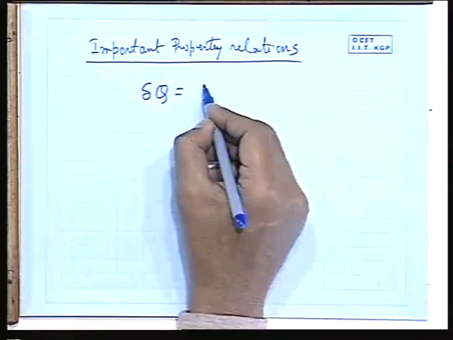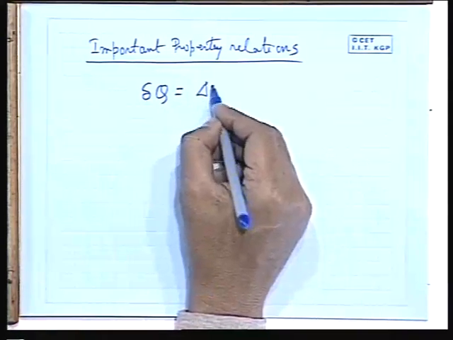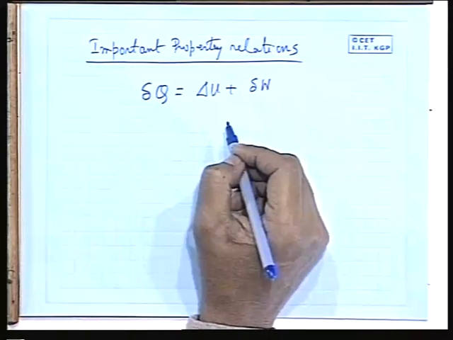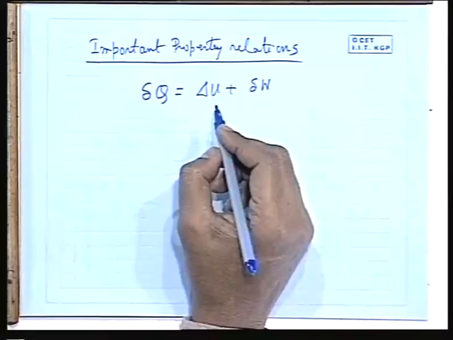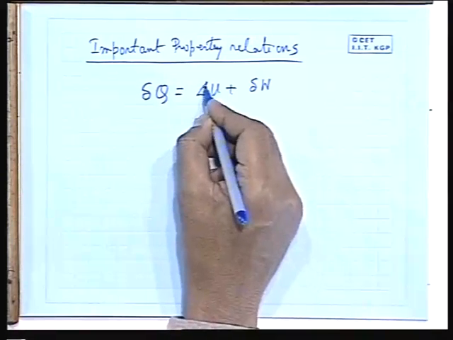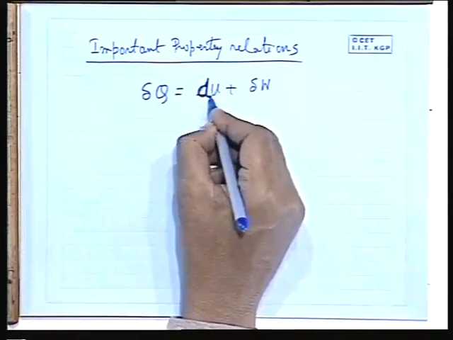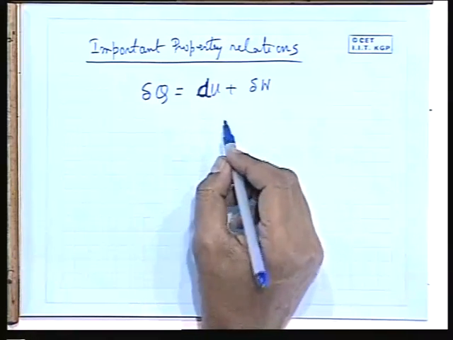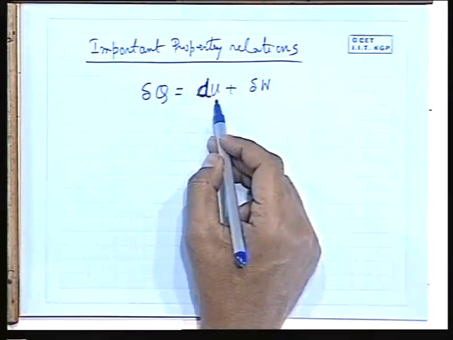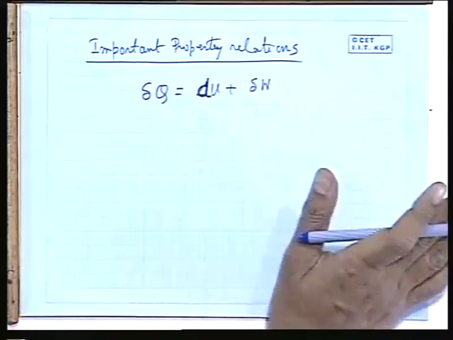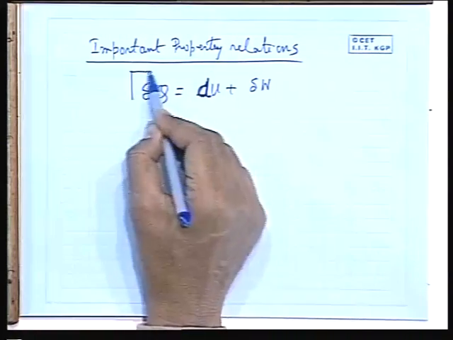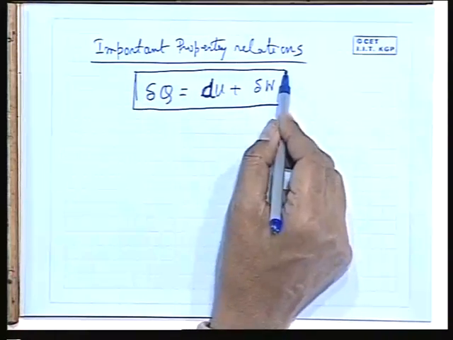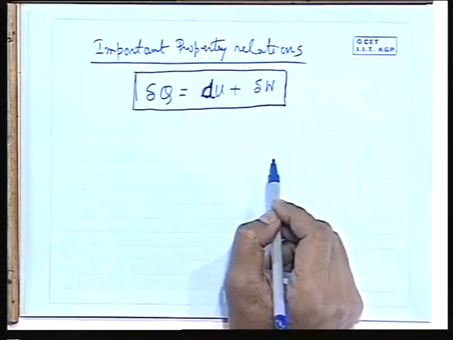Let us recall, it is delta Q equals delta U plus delta W. Or you can write, better, dU, small dU plus delta W, for a closed stationary system, where U is the internal energy, that is intermolecular energy. Well, there is no restriction so far in this first law of thermodynamics as far as reversibility and irreversibility are concerned.